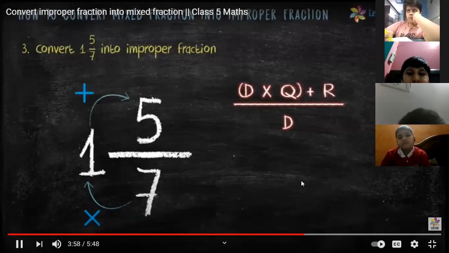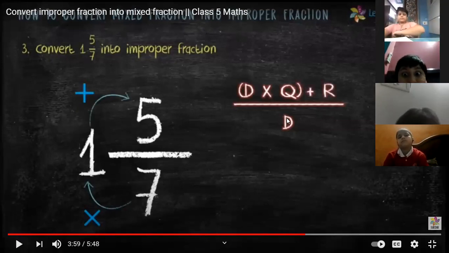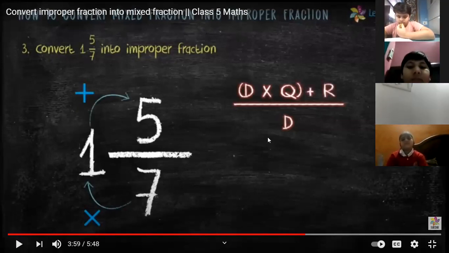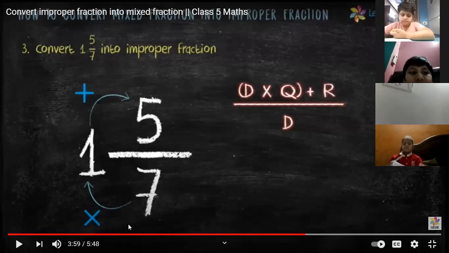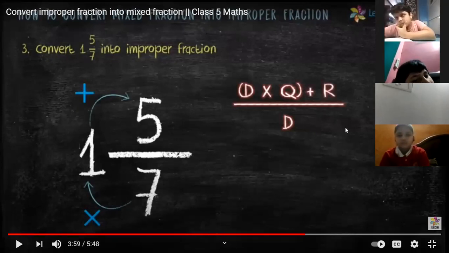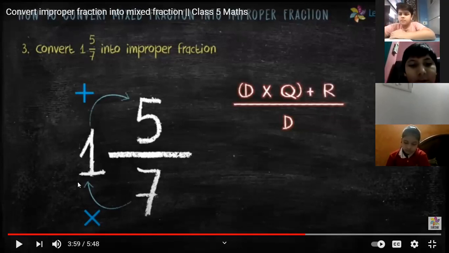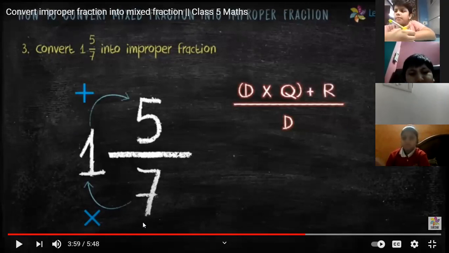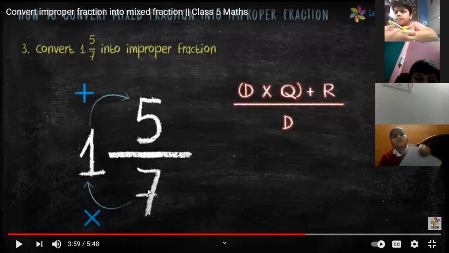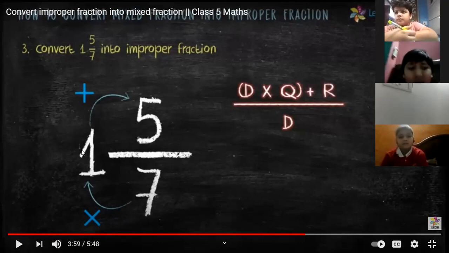Beta, this formula you have to learn, because directly we are going to write down the denominator at this particular place, because both the denominators must be same. This is very simple. And in the numerator place, simply we are going to multiply these two terms. Which two terms? This one is divisor and this one is quotient.